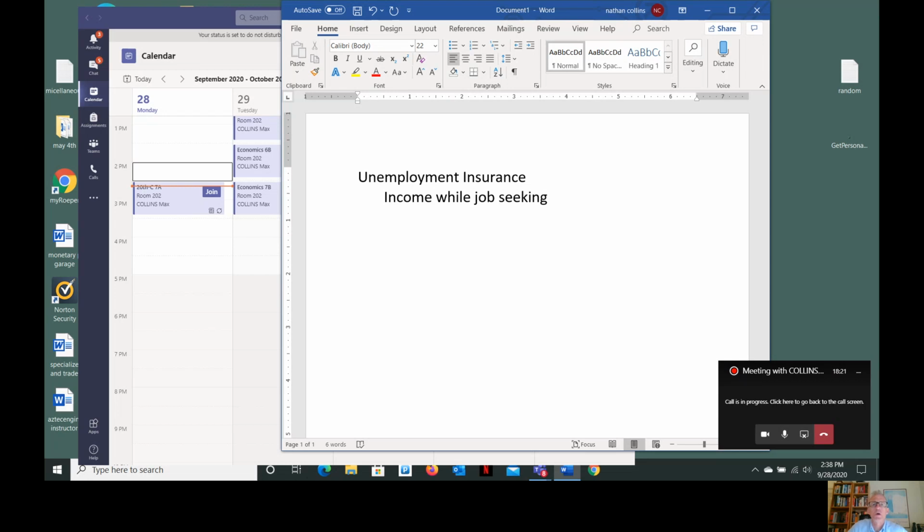If you've lost your job, it's time to go find another job, but you still have to spend money on things like food and rent while you're job hunting. That's what unemployment insurance is there for: to hopefully provide you with an income while you are looking for another job.